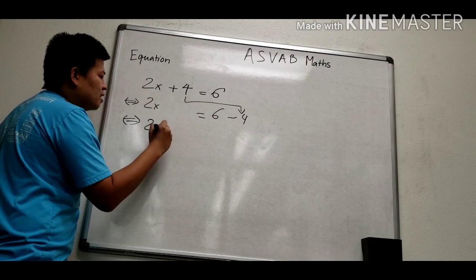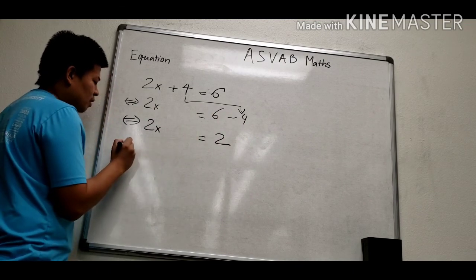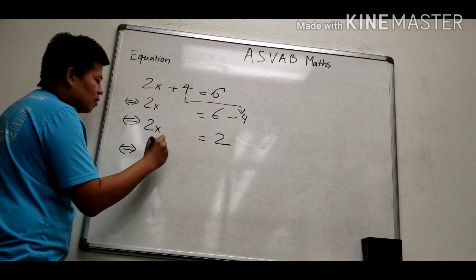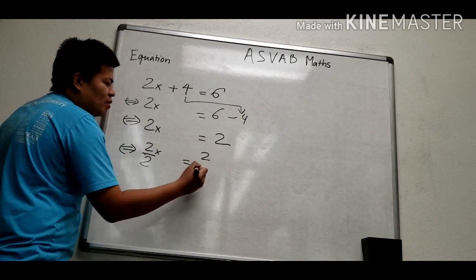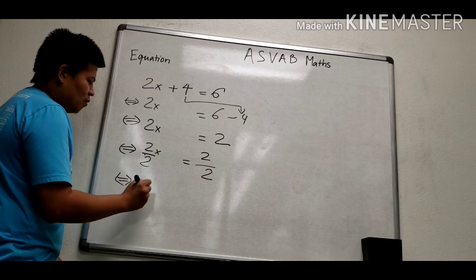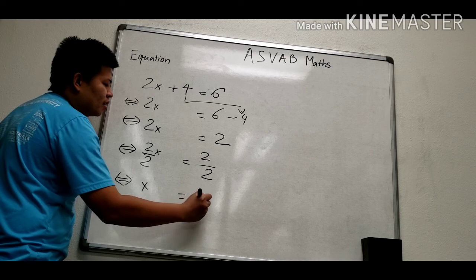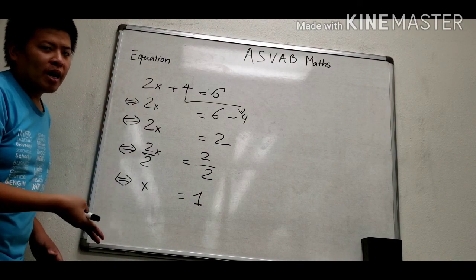We have 2s. 6 minus 4 is 2. We have 2s in here. We divide by 2, and the right side we divide by 2. And we got s equal to 1. So this is the step by step when we do an equation.